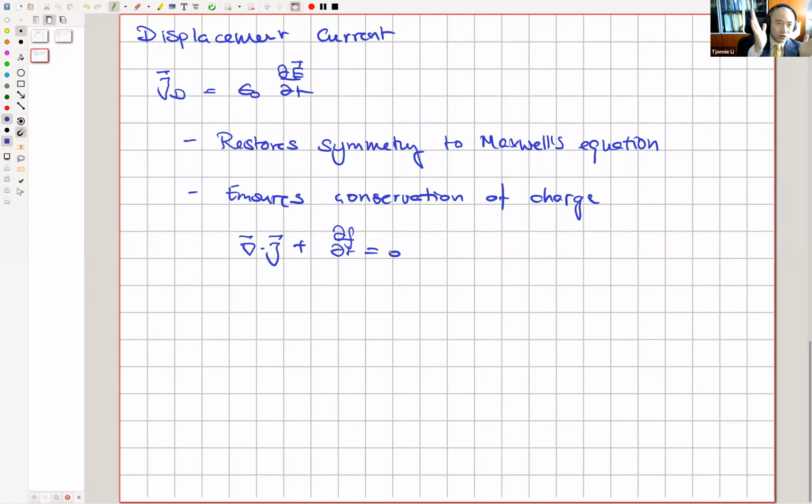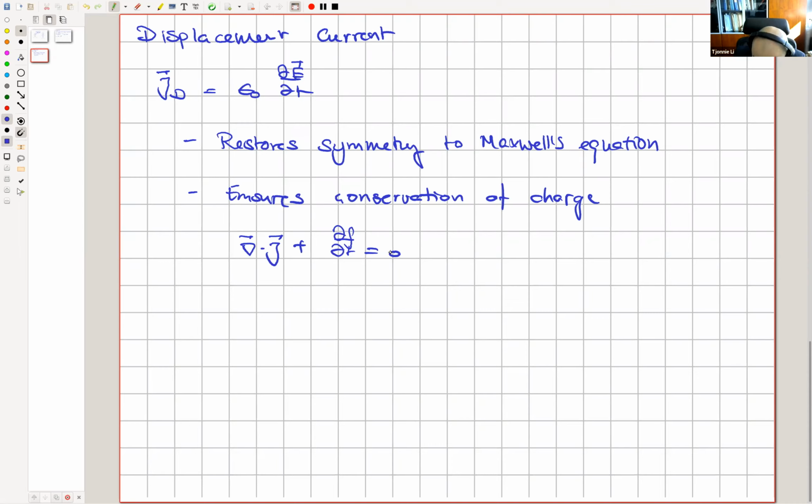That's the divergence. And that should equal the amount of charge density that flows out over the surface over a particular time. And so last time we showed that by putting in this displacement current of this particular form, we also restore this concept of conservation of charge within Maxwell's equations.